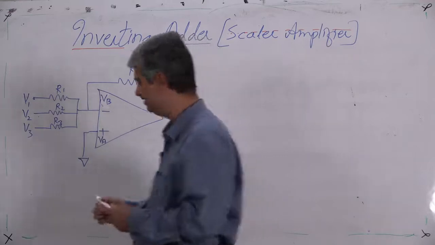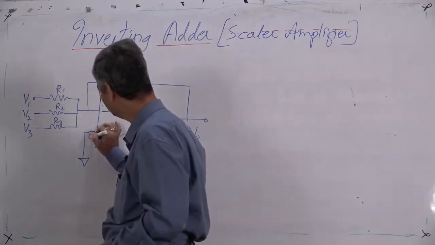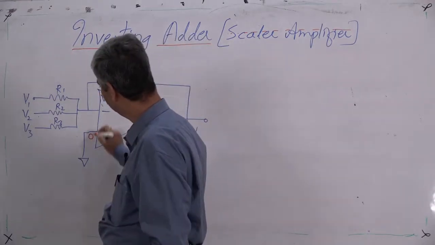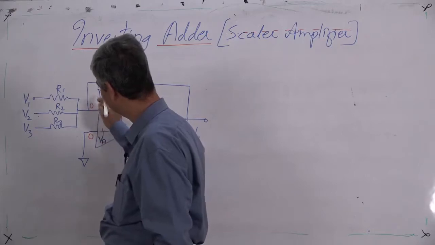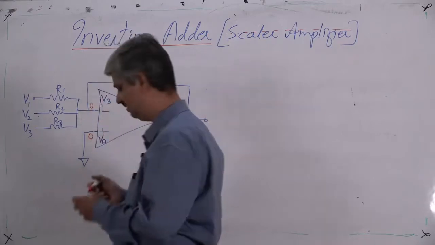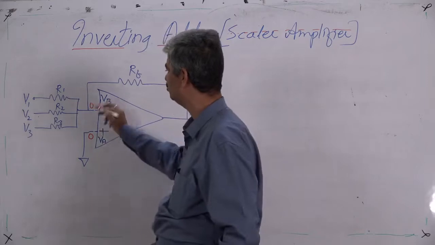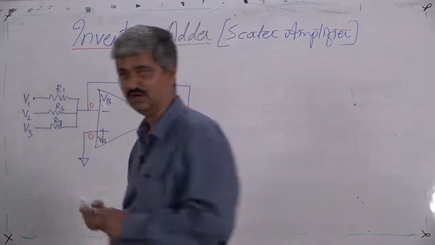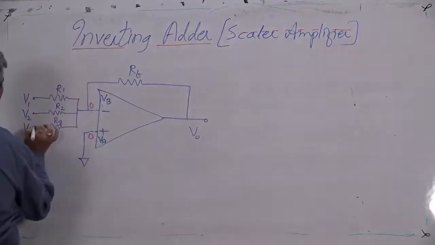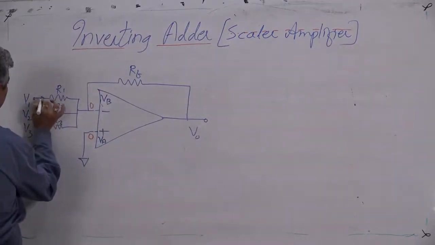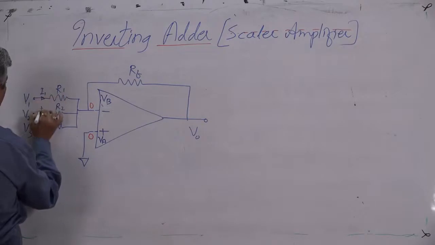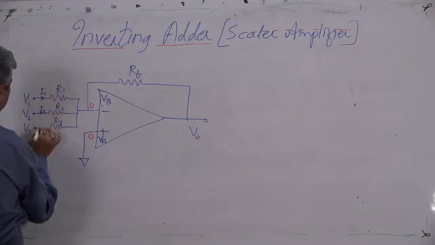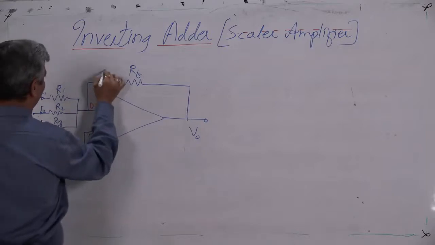So VA is 0, VB transfers to inverting 0, this is disconnected, no current flows. Now simply apply Ohm's and Kirchhoff's laws at the inverting terminal. So this is I1, this is I2, this is I3 and this is IF.